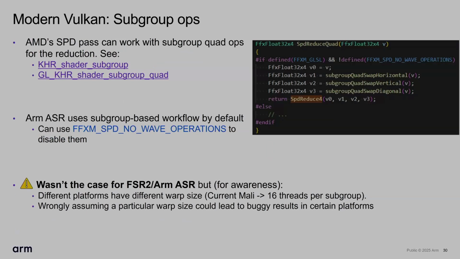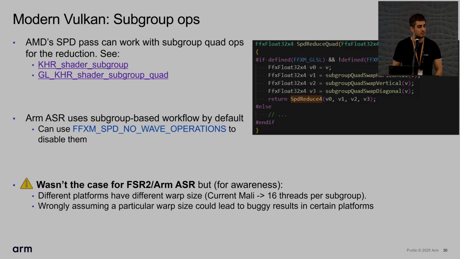Now, the other one is the subgroups. If you've used AMD's SPD pass for doing reductions, they use quad subgroup operations for their reduction. And this is pretty much the same case for us.